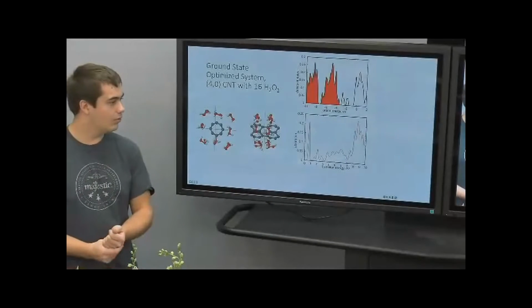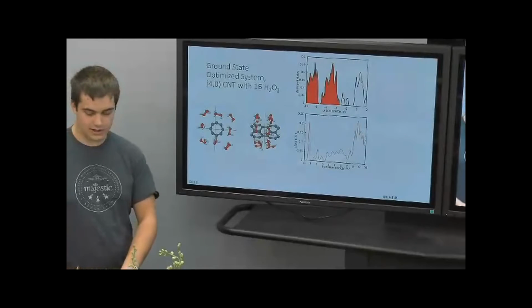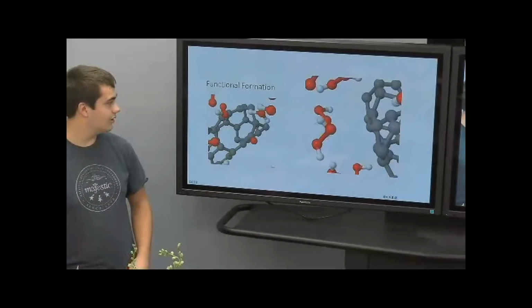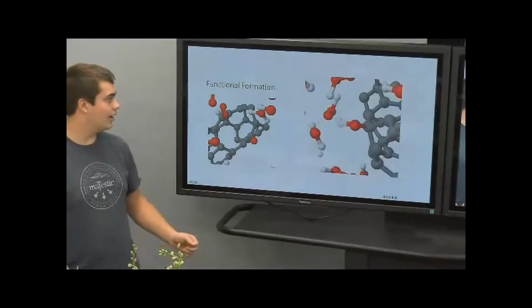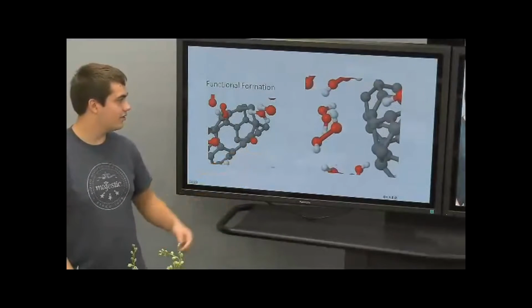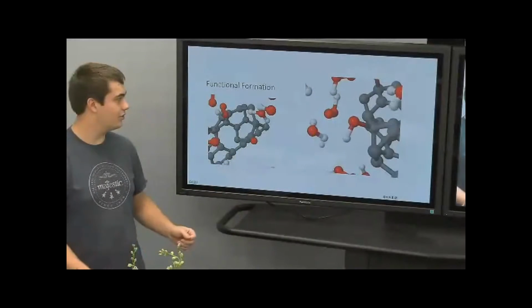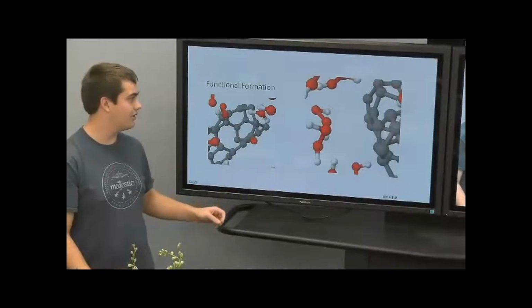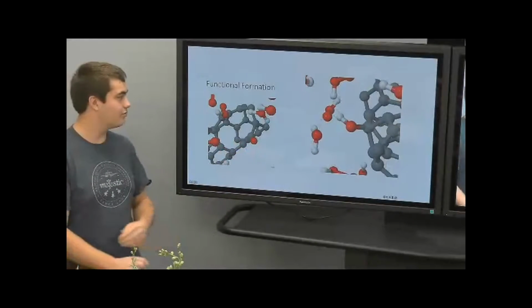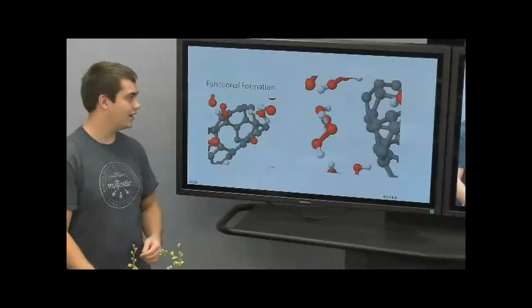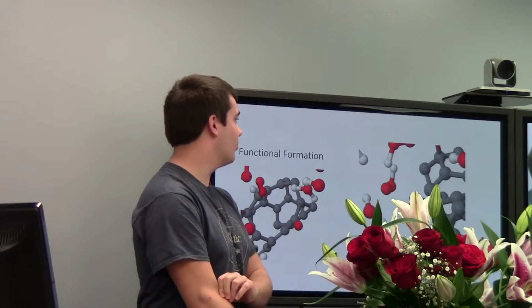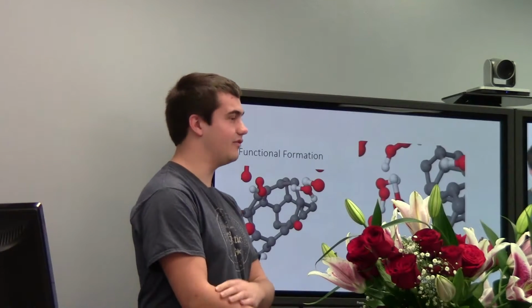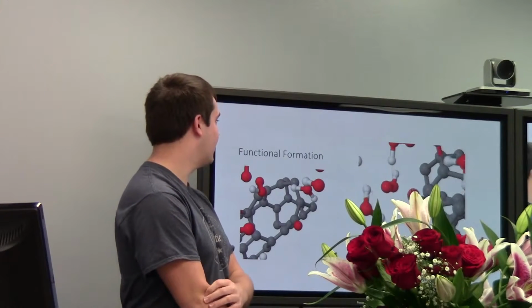And we ran a dynamic simulation for that. And one interesting part here, you can see the reaction between the hydrogen peroxide, one of the pathways here. The hydrogen peroxide breaks and a hydroxyl group goes and forms with the nanotube, which is one of them that I did not expect to happen.